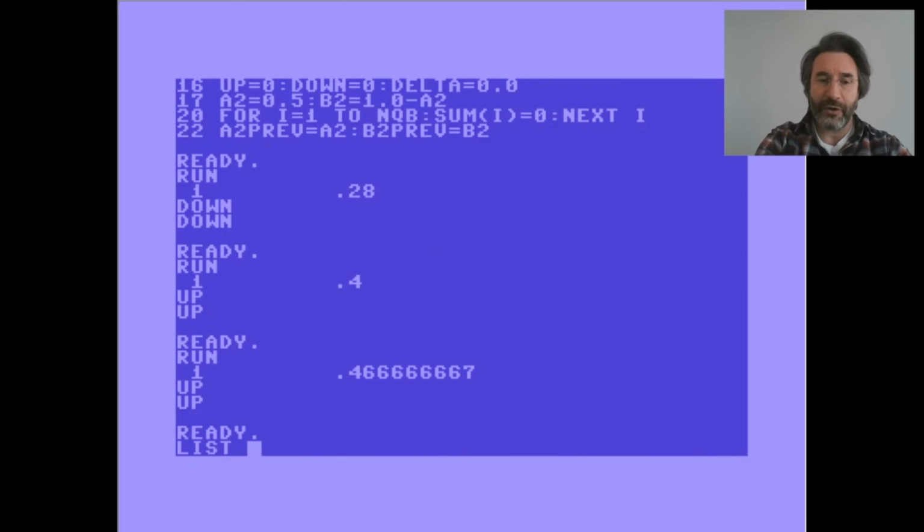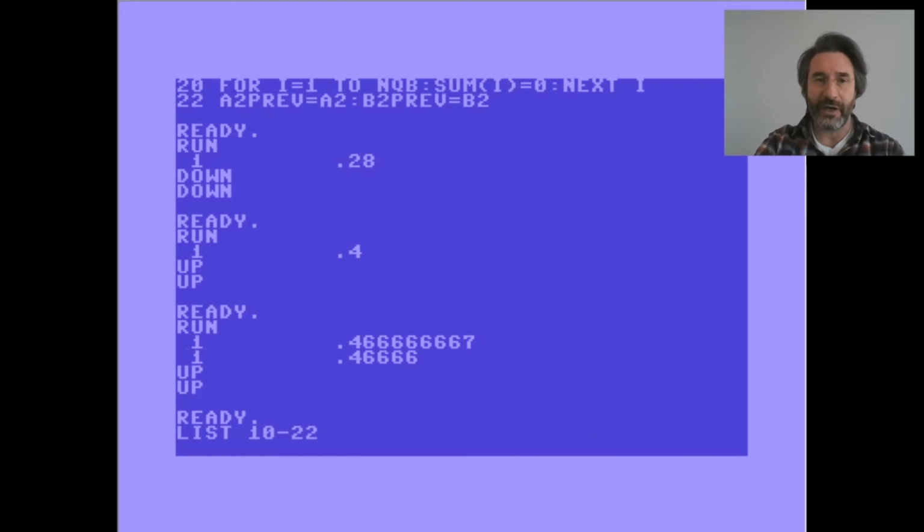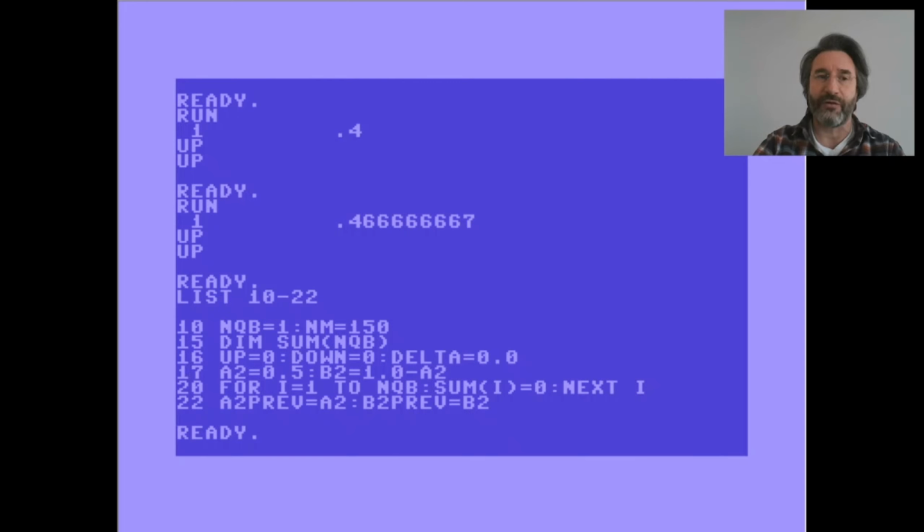We are now going to show again lines from 10 to 22, and we are going to run a different numerical experiment. We set again the number of measurements to 50 so that things run faster. And this time we are going to introduce a little bit of quantum decoherence, and to make things slightly different, we are going to set delta equal to 0.01.